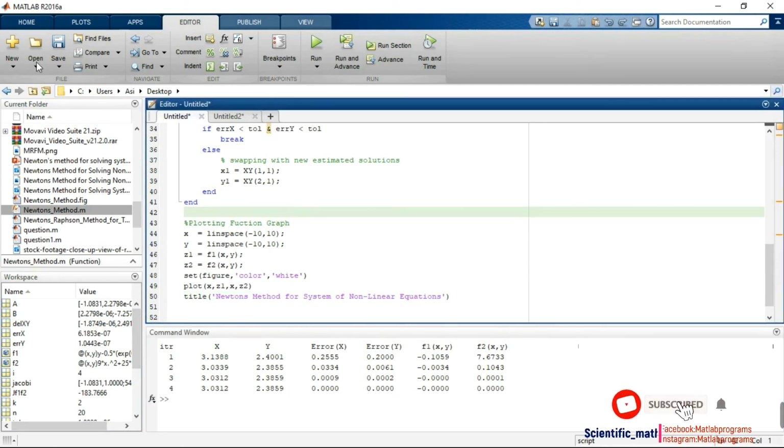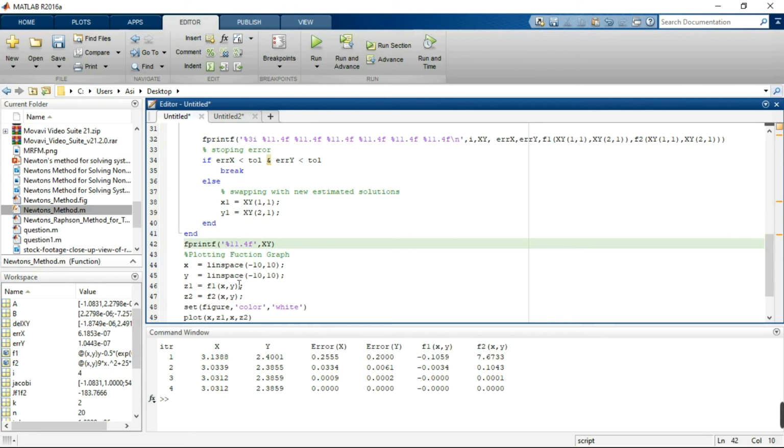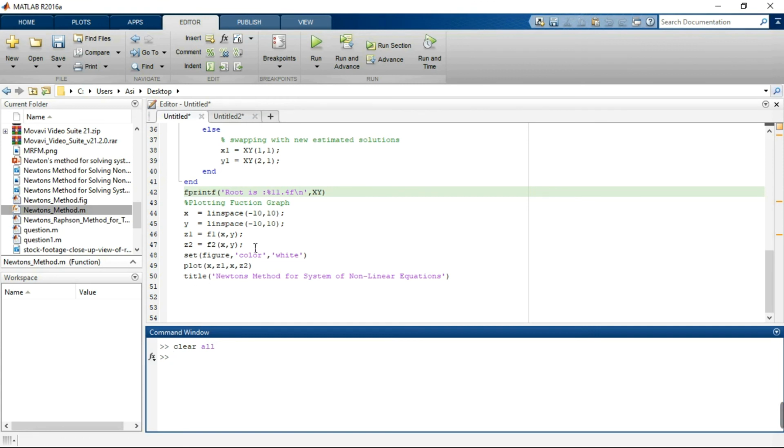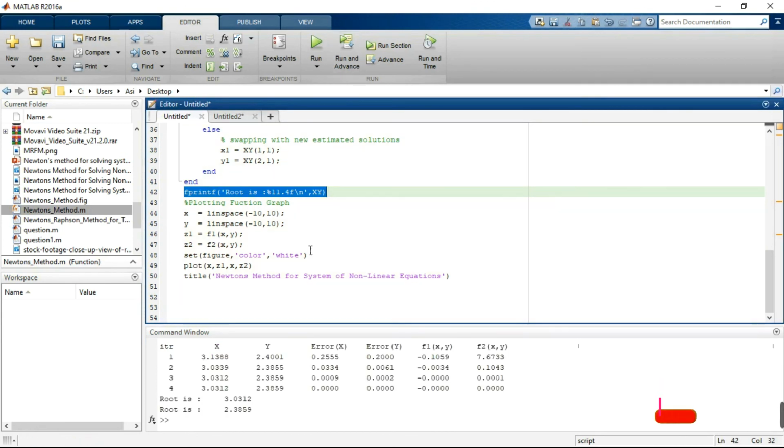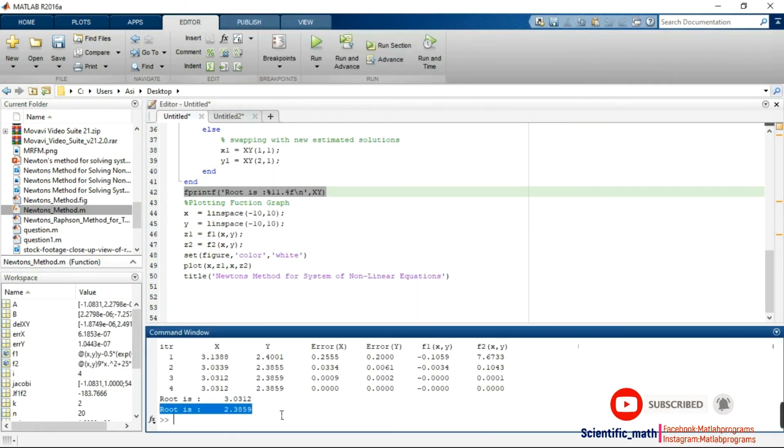We can also use one more command, fprintf, our solution is, so this will show our final root for x and for y.